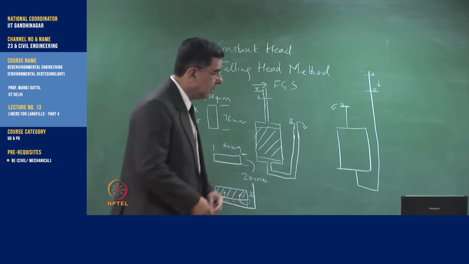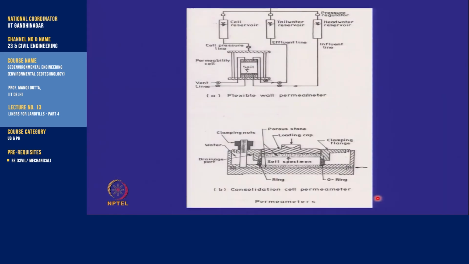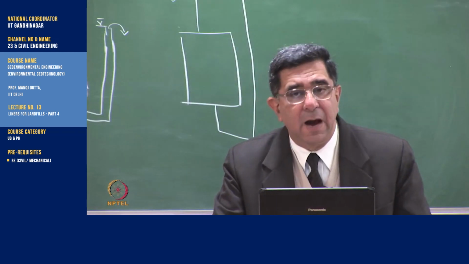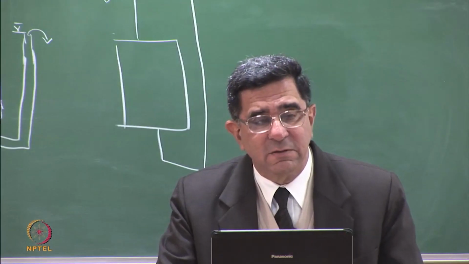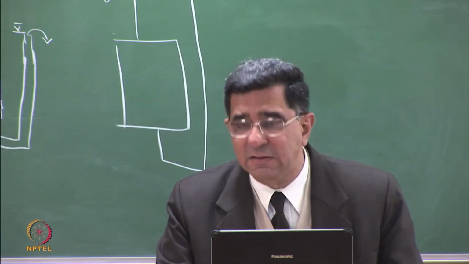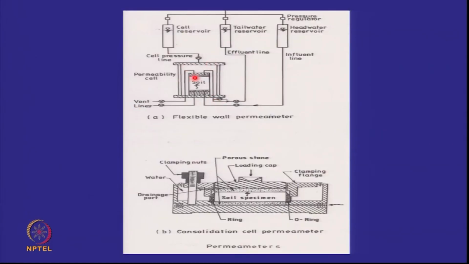So, let's look at what are the ways we test this in the laboratory. So, I use what is called a flexible wall permeameter. The flexible wall permeameter is a permeability test which is done in the triaxial apparatus. Okay? The triaxial cell, the same soil sample, stage 1 is identical, you saturate it by back pressure as in a consolidated undrained test with pore water pressure measurement.